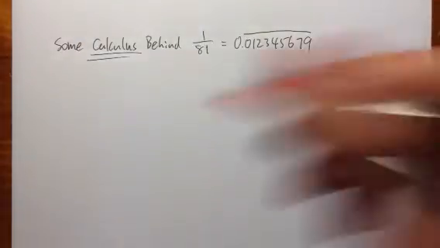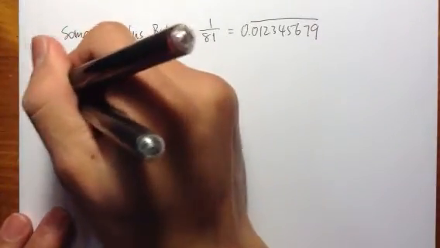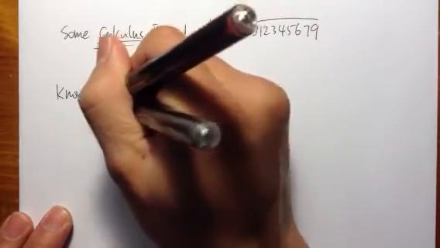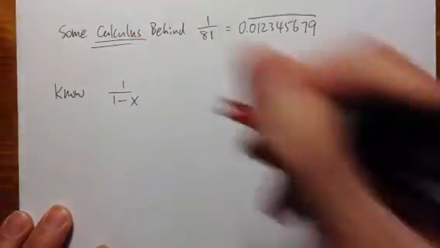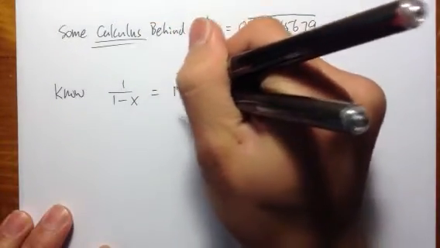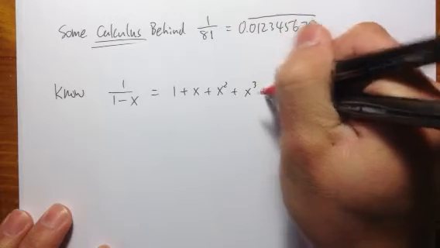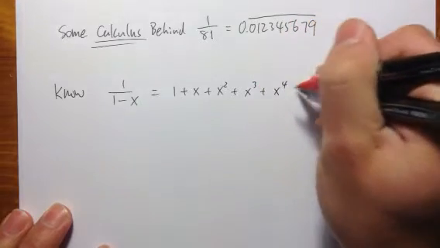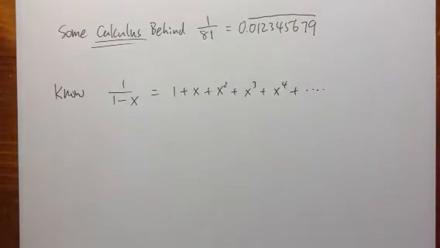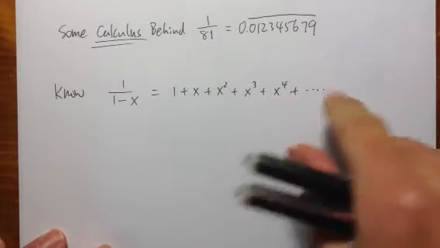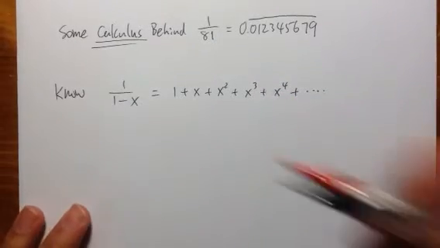So here we go. Our prep is that we need to know first that 1 over 1 minus x can be written as 1 plus x plus x squared plus x to the third power plus x to the fourth power plus dot dot dot. You can see the pattern, x to the 5, x to the 6, and so on.